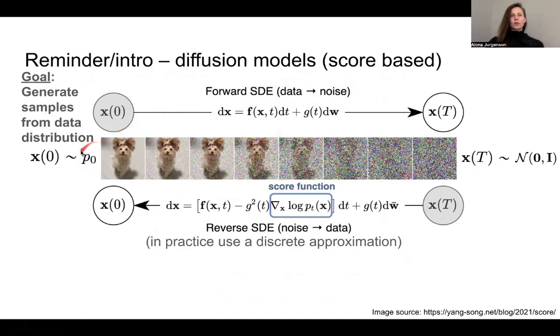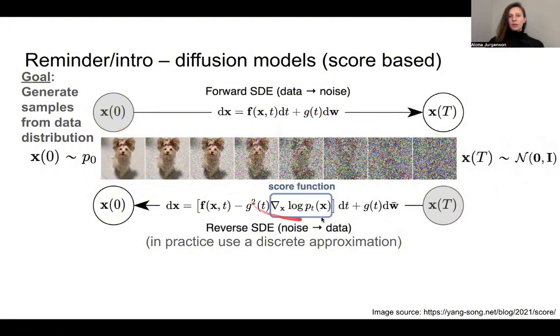Basically, this allows us to transform from our data distribution to a normal distribution and backwards from a normal distribution to the data distribution. And the nice thing about this is that it allows us to sample from a normal distribution, which is something that we know how to do, and get from a sample that is distributed according to a normal distribution to a data sample.